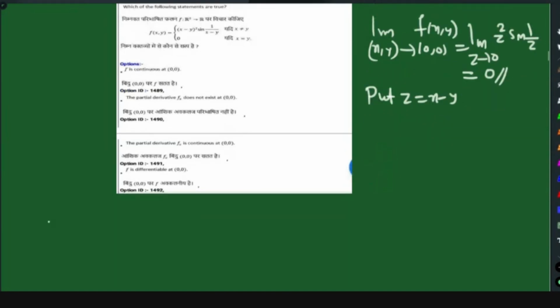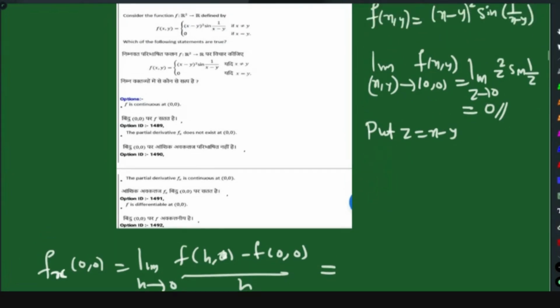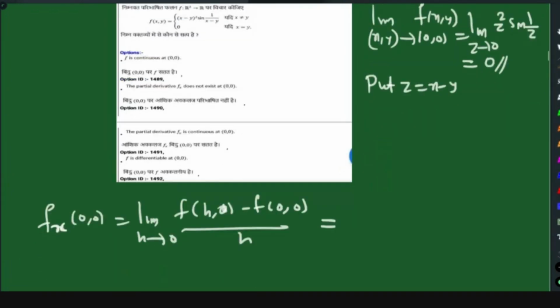So what is fx at 0, 0? That is the limit h tending to 0 of f of h, 0 minus f of 0, 0 divided by h. What should that be? You just look at what is f of h, 0. Your y is 0, so throughout you have h.